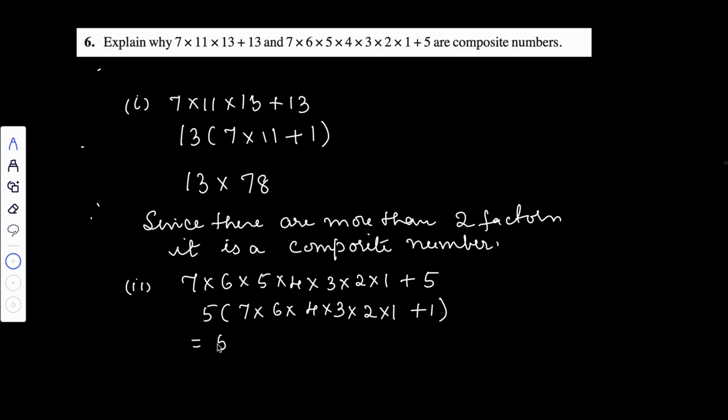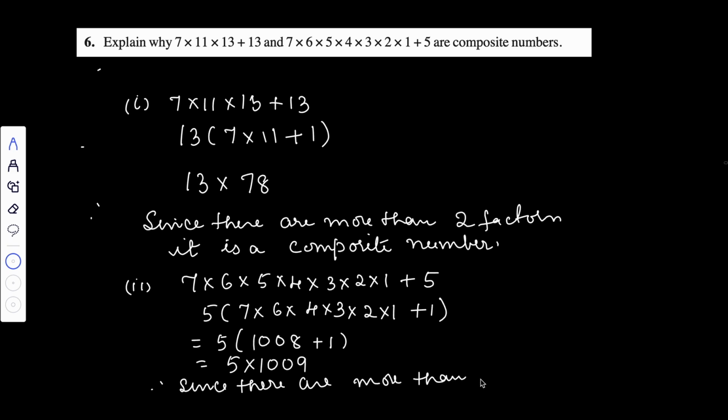So we get 5 into 1008 when we multiply all this, plus 1, so 5 into 1009. Here there are factors 5 and 1009 other than 1 and itself. Therefore, since there are more than two factors, it is a composite number.